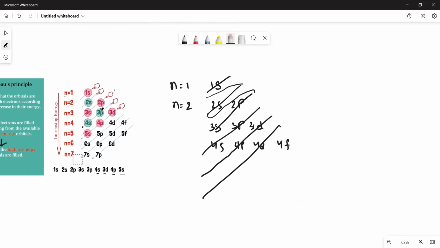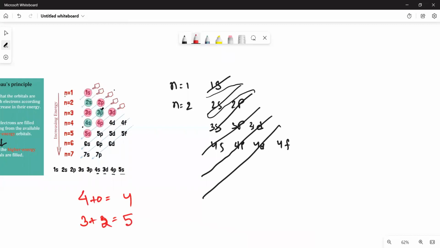you see that 4s has less energy than 3d. This is the reason, because 4s gives 4 plus 0, which is 4, and in case of 3d, it is 3 plus 2, which gives 5.